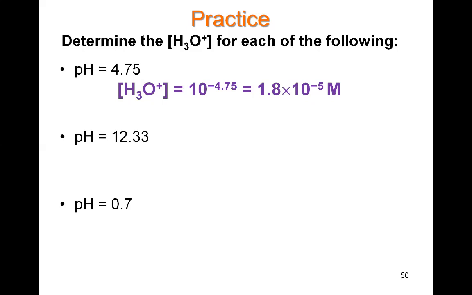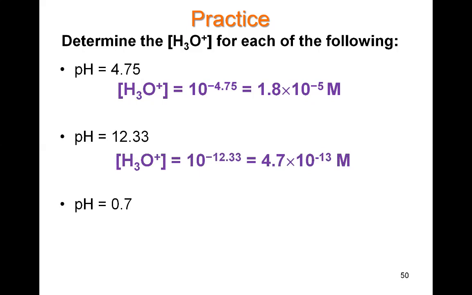And pH 12.33. The formula is again H3O+ equals 10 to the negative pH. Here 10 to the negative 12.33. The calculator answer is 4.67735 times 10 to the negative 13.